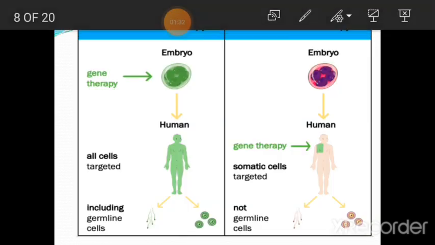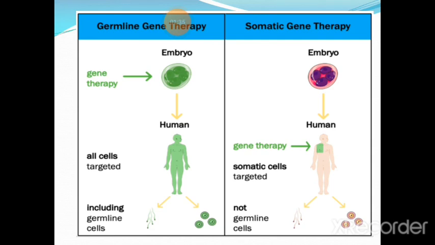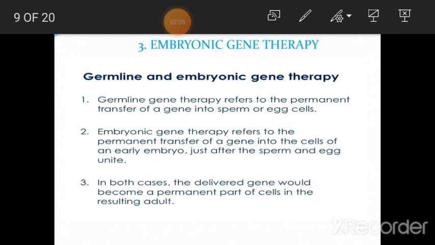Then, this slide again will just schematically tell you the differences between germline gene therapy and somatic gene therapy, wherein in somatic gene therapy, the somatic cells are targeted and not the germline cells, whereas in germline gene therapy, all cells are targeted, including germline cells. Okay.